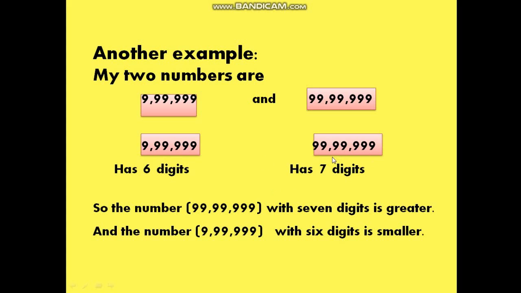Here this is a 7-digit number, which is 99 lakh. See, 9 lakh, 99 lakh. From here also you can make out, 99 lakh 99,999. So this is a 7-digit number which is greater, and this is a 6-digit number which is smaller.